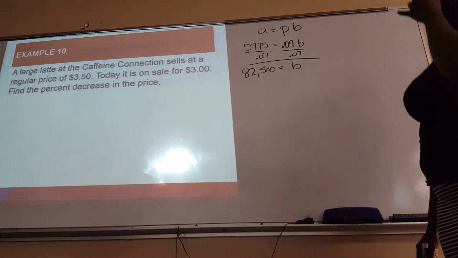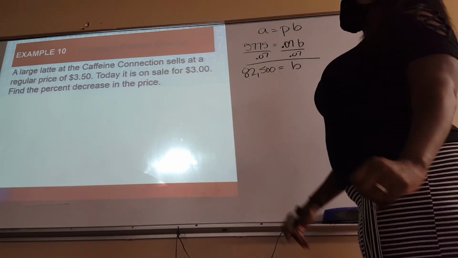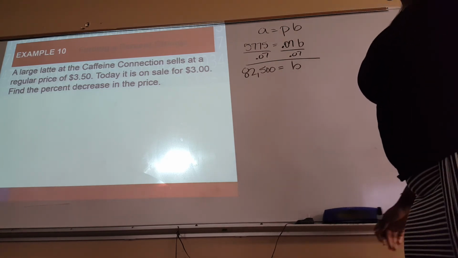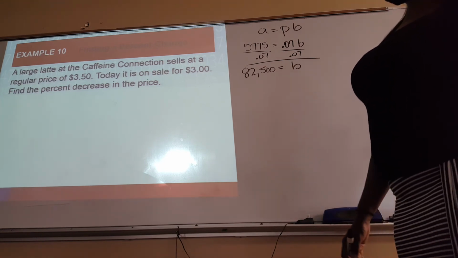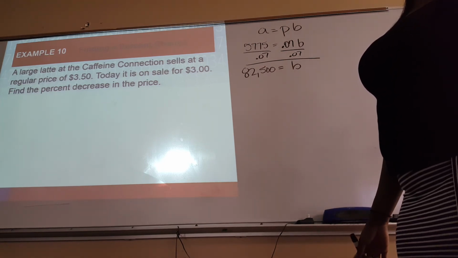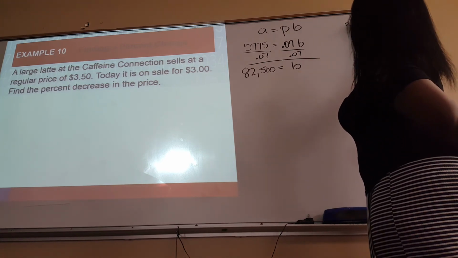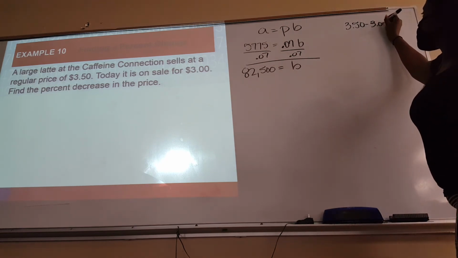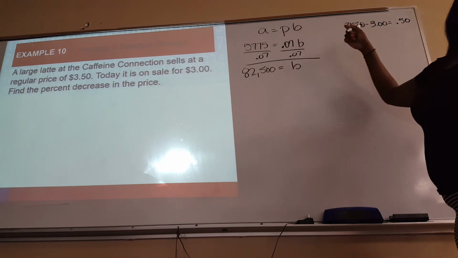Okay, so it says a large latte at the Caffeine Connection sells at a regular price of $3.50. Today it's on sale for $3. Find the percent decrease in this price. First things first, we take the $3.50 and subtract $3 to find the decrease, which is 50 cents. That's step 1.